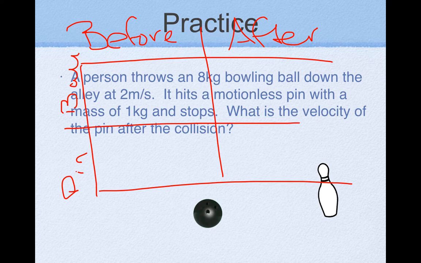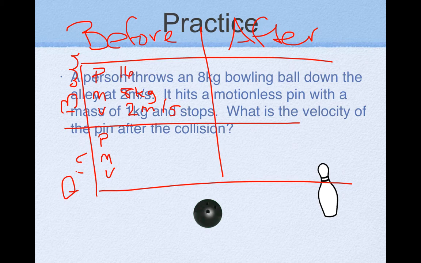So let's look at just the before. We've got momentum, mass, velocity. We don't know the momentum, but we know the mass of the bowling ball is 8 kilograms. We know the velocity of the bowling ball is 2 meters per second. So we can figure out what the momentum of that bowling ball is.